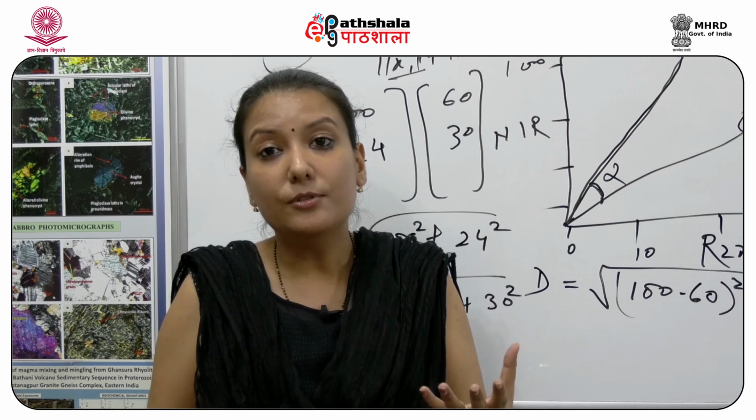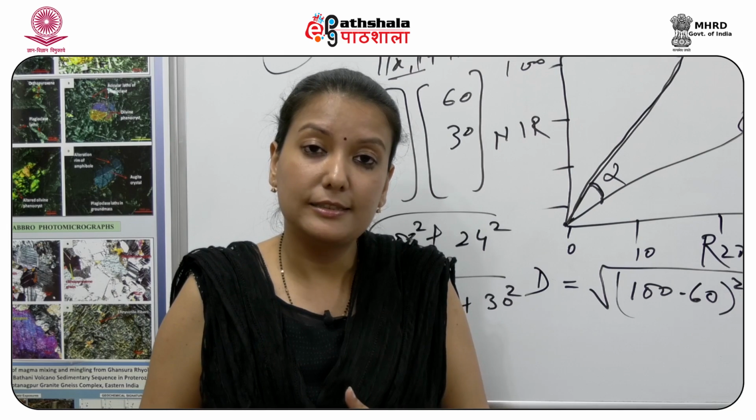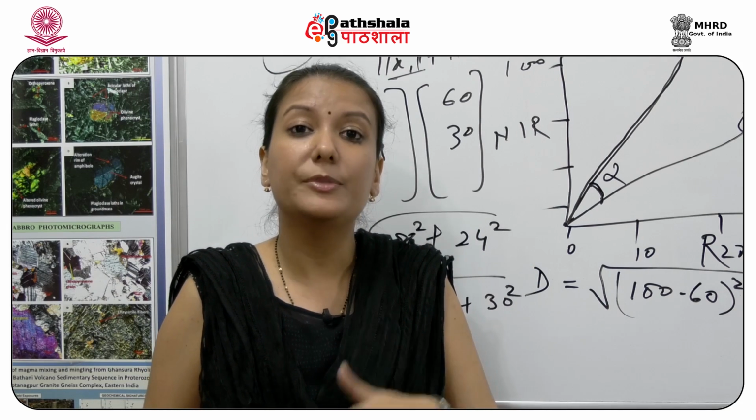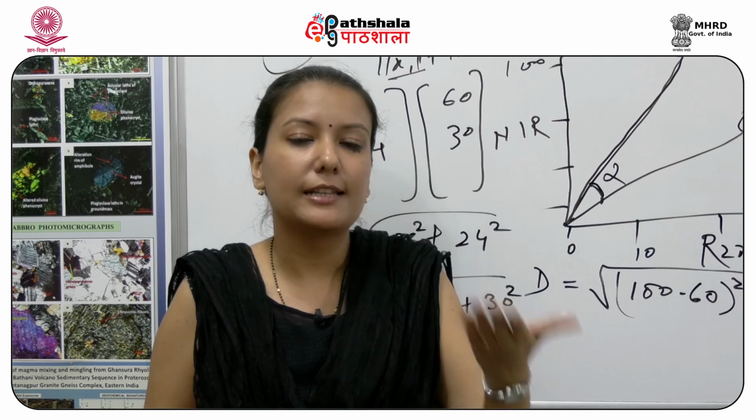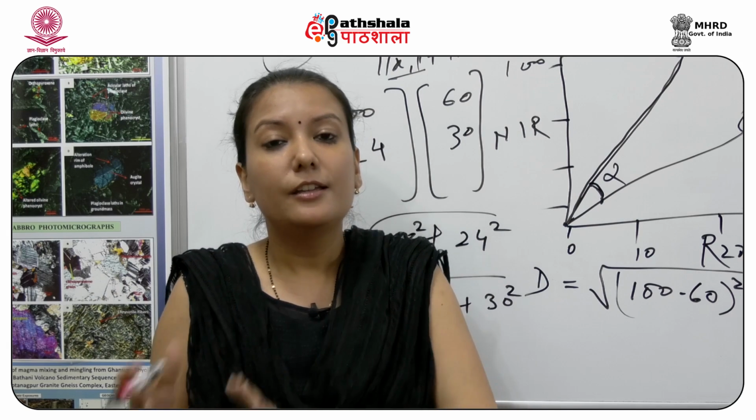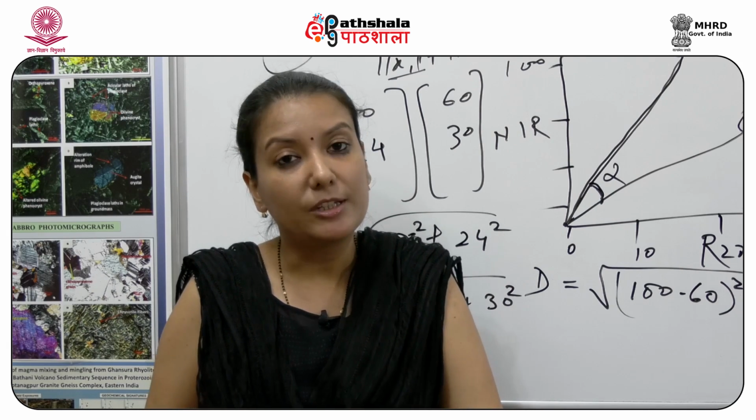So suppose you had 3 initial classes of agriculture, urban, and maybe something else like forested area, and in time T2 also you have the same 3 classes.